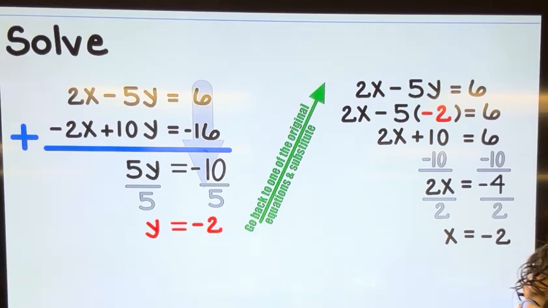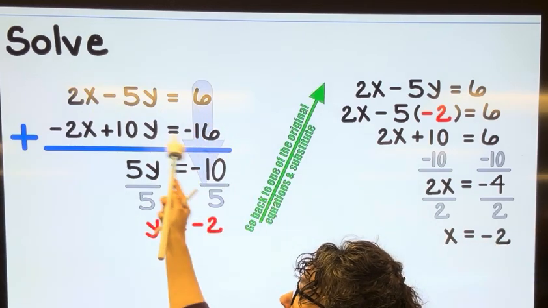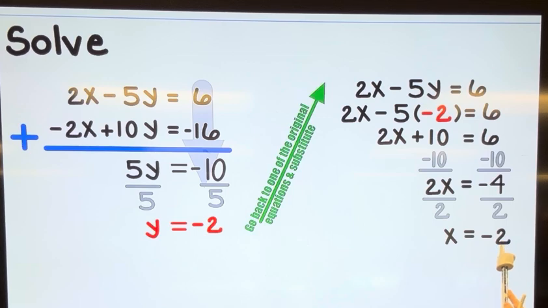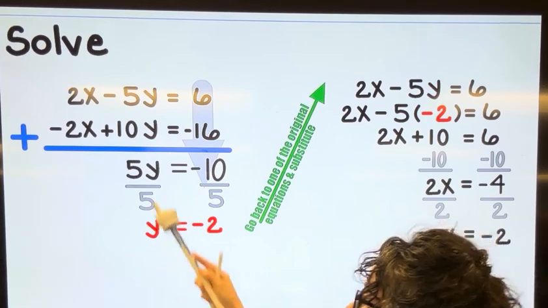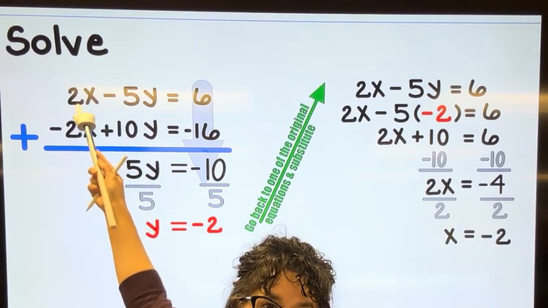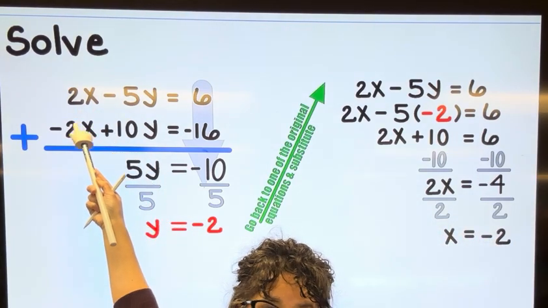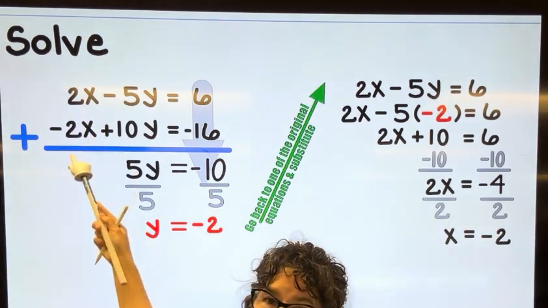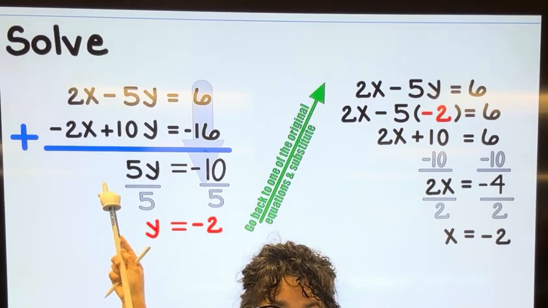If we would solve by graphing, we would notice that when we graphed both of these original lines, they would intersect at the point negative 2 comma negative 2. The key, one more time, is see how they were opposites, 2x and negative 2x? So they eliminate each other. And it doesn't matter if it's the x's or the y's.